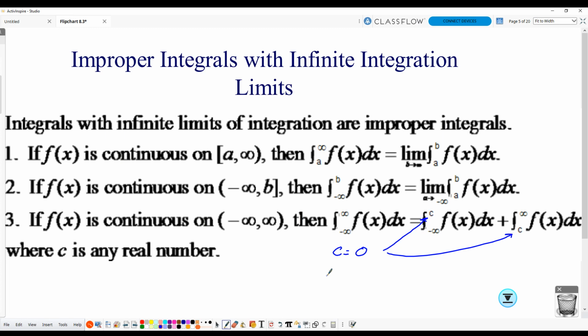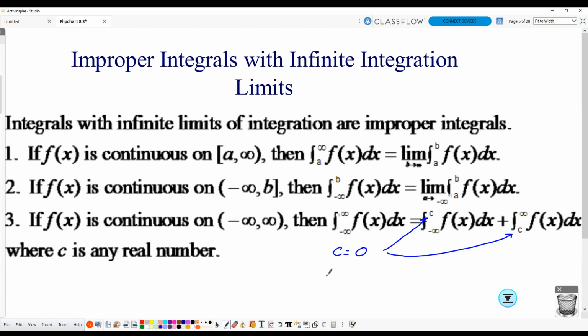C can be any real number you want. I haven't graded one of these on the AP, but the formalism of it is, you need to pull these things apart, and then the limit as A goes to negative infinity of this piece, the limit as B goes to positive infinity.